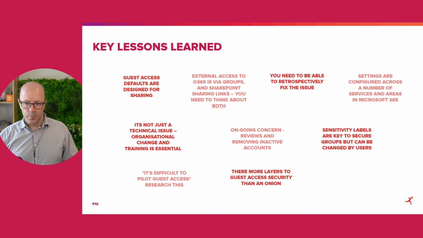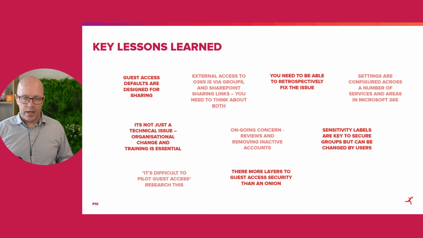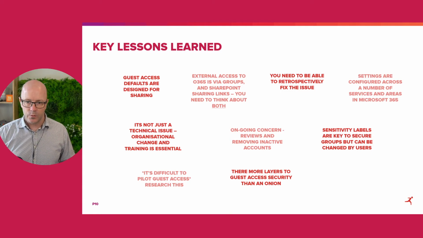We will talk a bit more about that later. But we will definitely be leveraging sensitivity labels to control how guest access is allowed with our different teams and areas that we collaborate. Look, I'd sum it up by saying that there are more layers to guest access security than an onion.